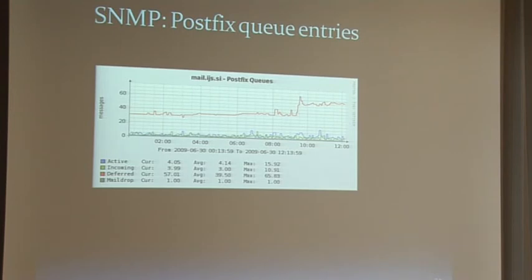And as a bonus, because it was easy to do, I added a couple of variables which collect the number of messages in postfix spool directories, which is supposed to be quicker than running, for example, a find command through a shell script or whatever.